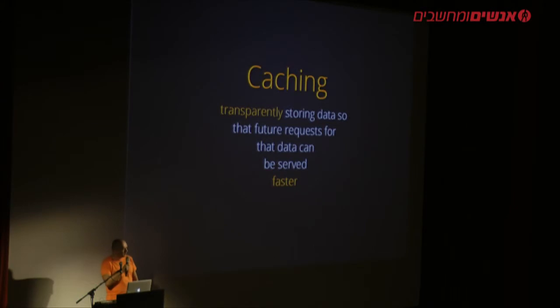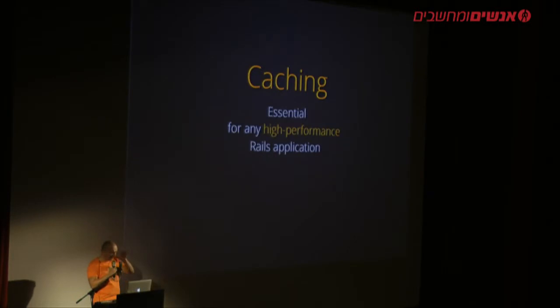One is transparently, and it means that the client that requests the data shouldn't care if the data comes from a cache or directly from the source. And the second keyword is faster. It's obvious there is no sense caching something if it doesn't make things faster. Caching is an essential component of any high-performance Rails application. All of the big Rails applications that you hear about use caching to one degree or another.